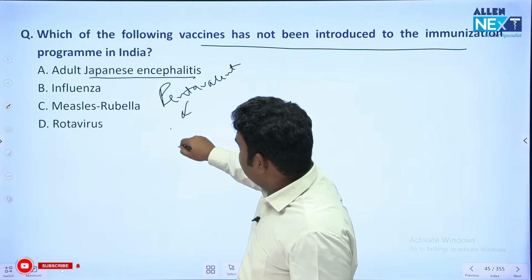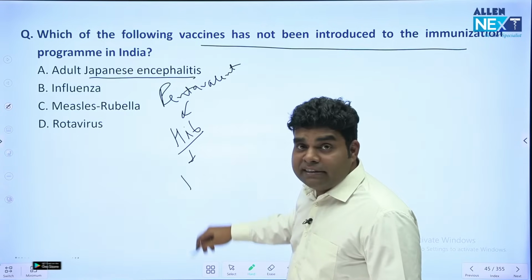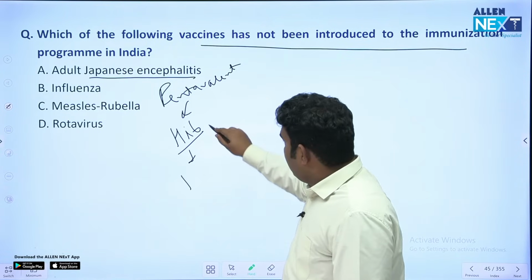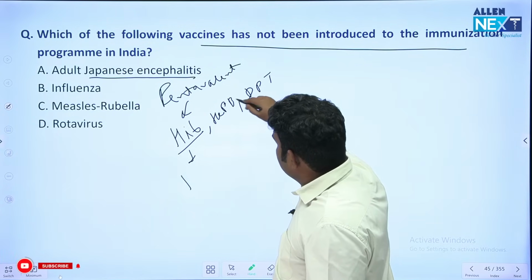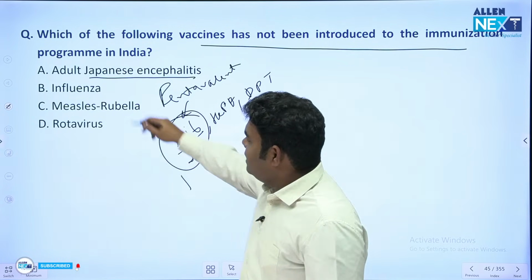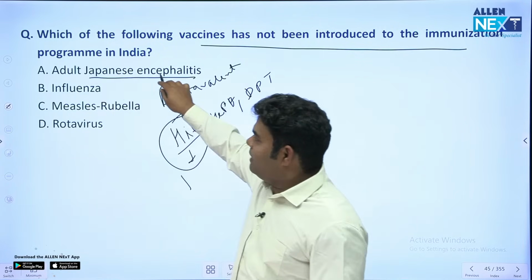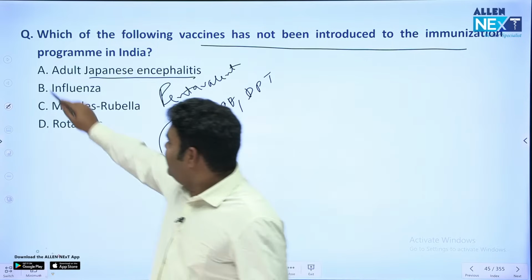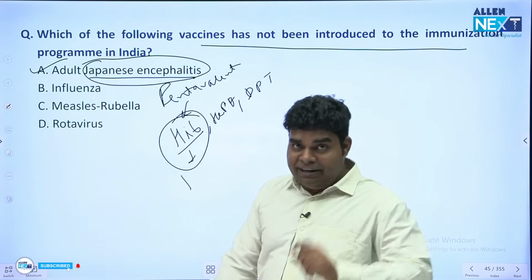pentavalent has these 5. One is Hib. Hib stands for Haemophilus influenzae type B. And then there is hepatitis B and DPT. So Haemophilus influenzae type B is included in the national schedule. But adult Japanese encephalitis is not included. JE is there, but JE is not for adults.